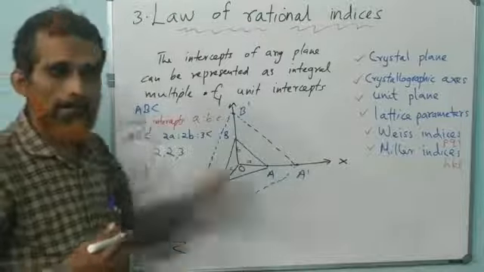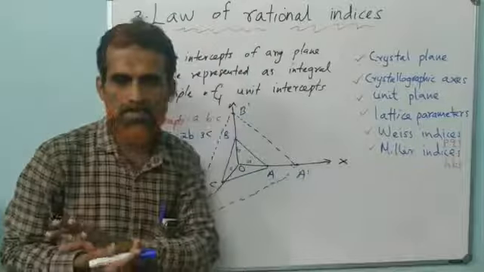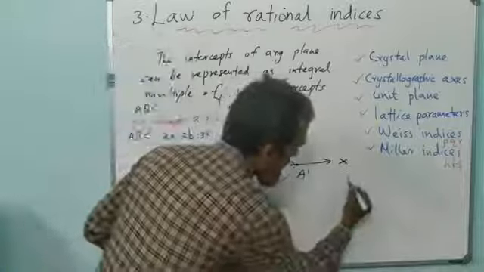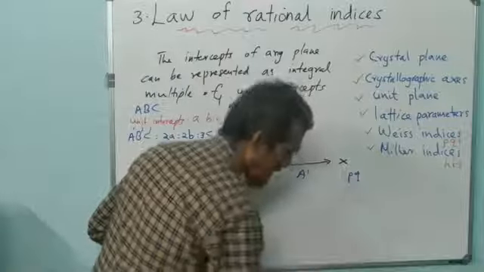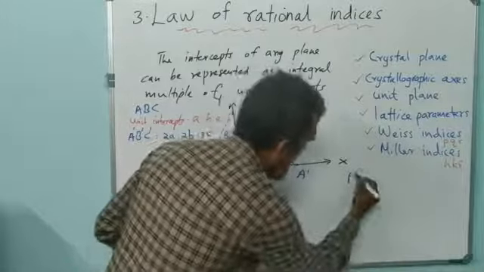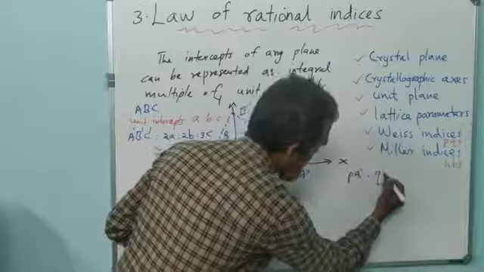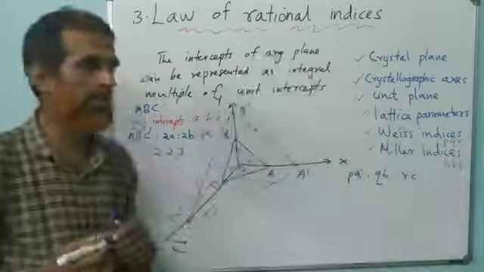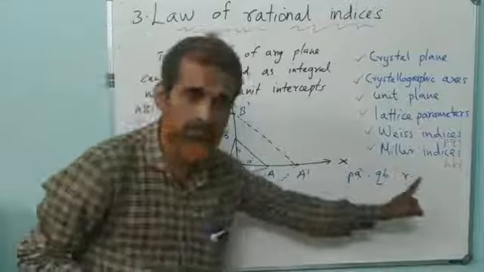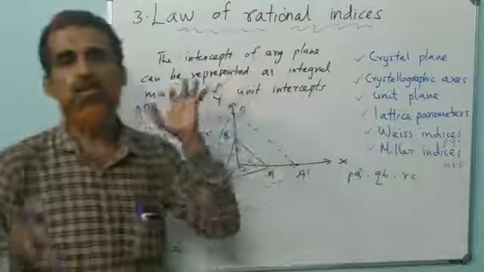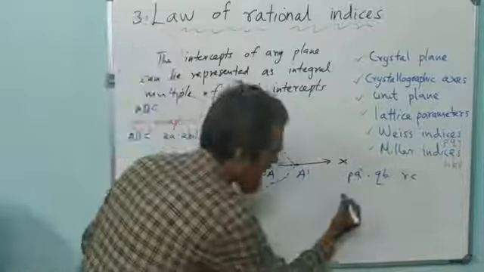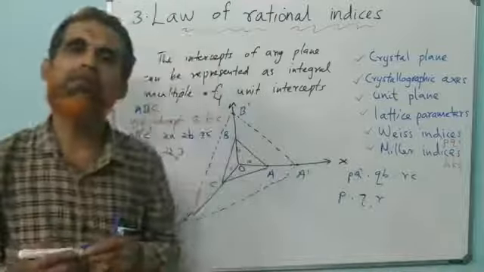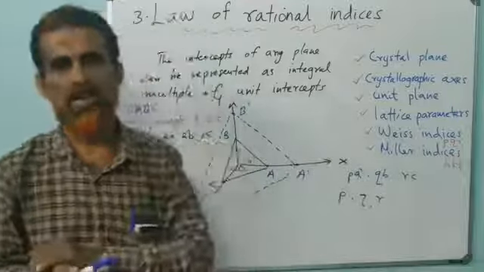In other words, this law can be stated as: if the intercepts of a given plane are pa : qb : rc, where a, b, c are the unit intercepts, then the law says that p, q, r will be whole numbers, rational numbers.